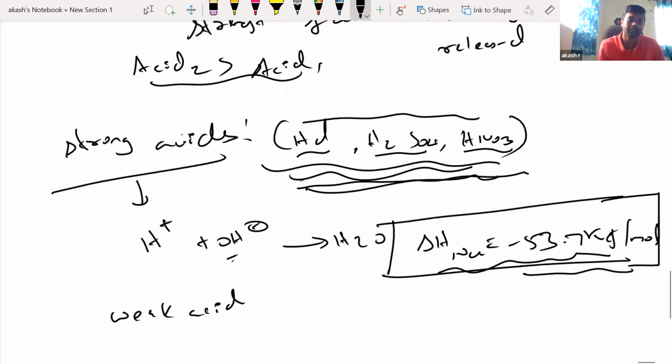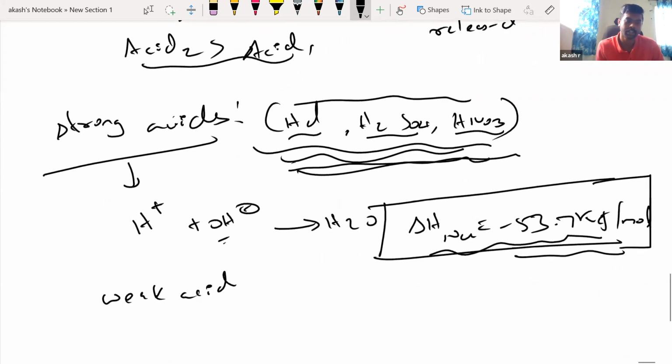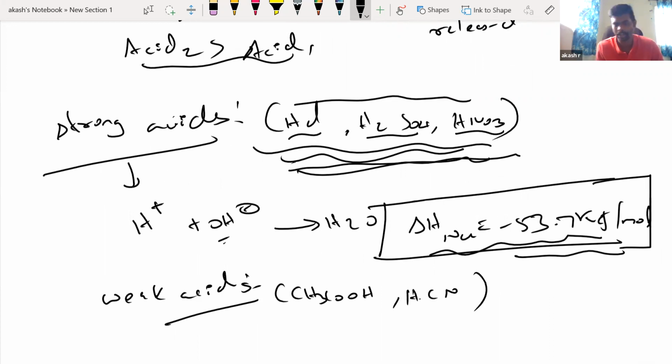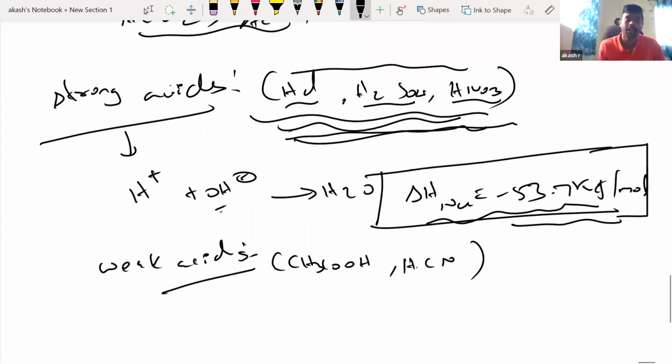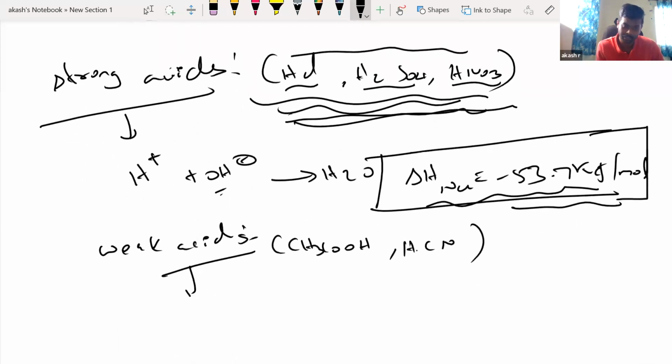Whenever we have weak acids, for example CH3COOH or HCN, any weak acid for that matter, we write the full formula of the acid. We don't write just H plus.